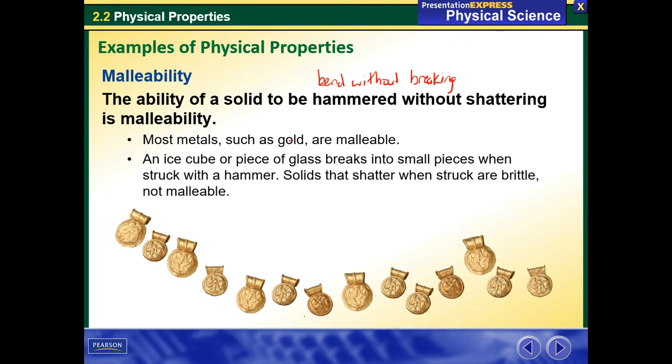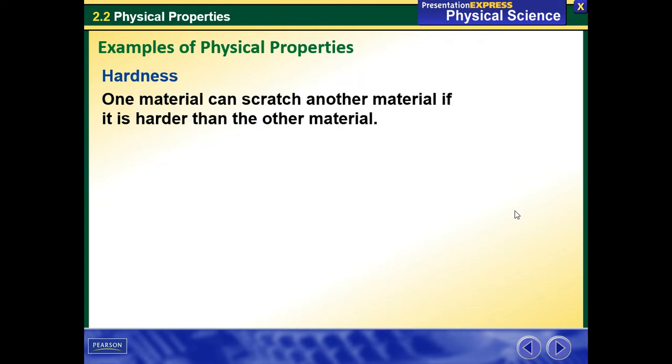An example of something that is not malleable is going to be something like an ice cube or glass. If you hit that with a hammer, both of those are going to break into small pieces. And whenever something is not malleable, we say that they are considered brittle.